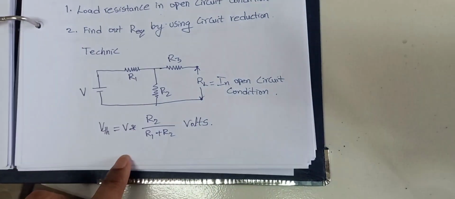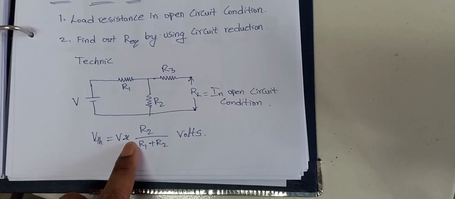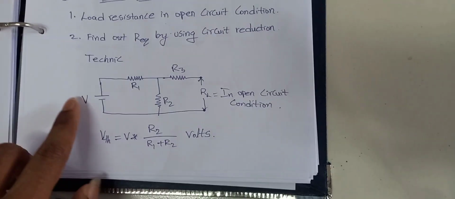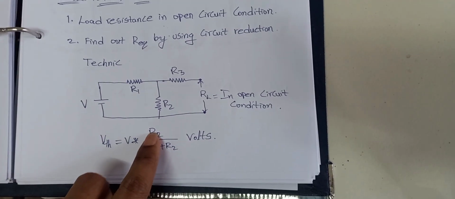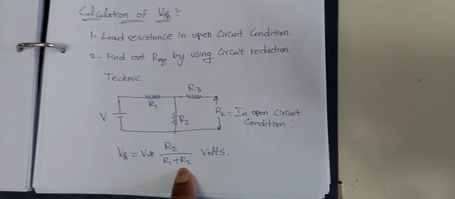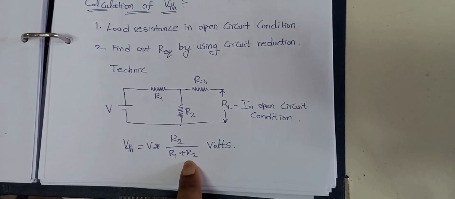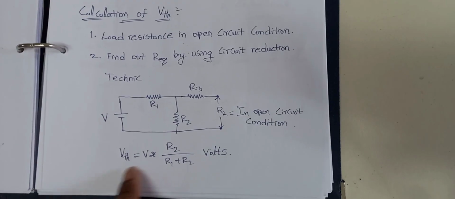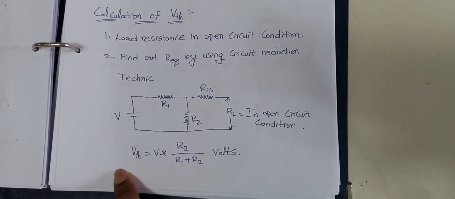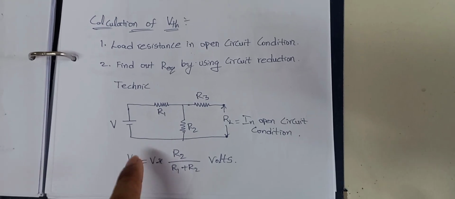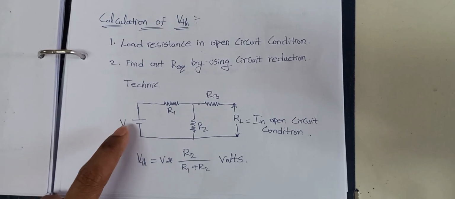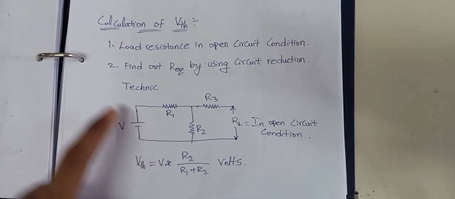So that's why here I have written V Thevenin equals V into R2 by R1 plus R2. You substitute the voltage source, R2 resistance and R1 resistance. If you get a problem from these three theorems, you will write it. Sometimes you may not have an idea how to calculate the problem, so by using Thevenin's theorem, just redraw the circuit diagram based on the conditions.